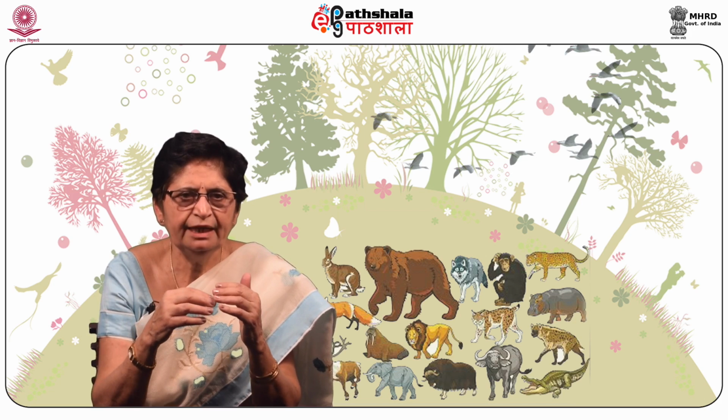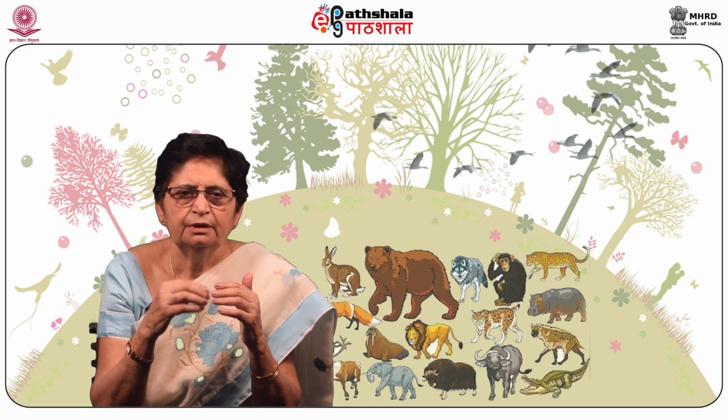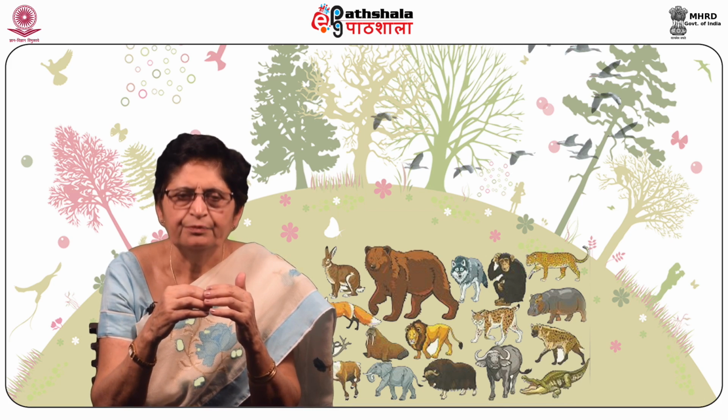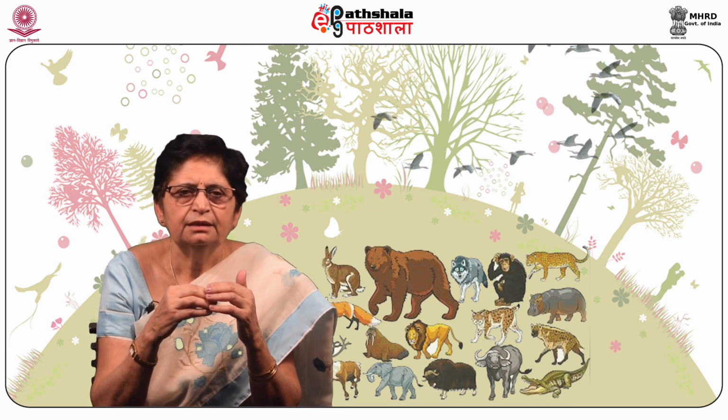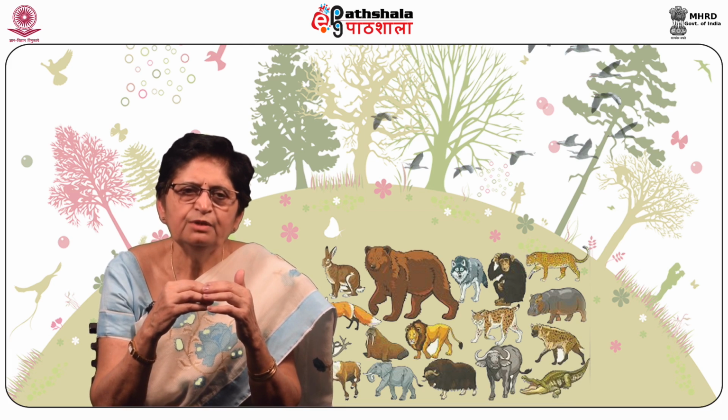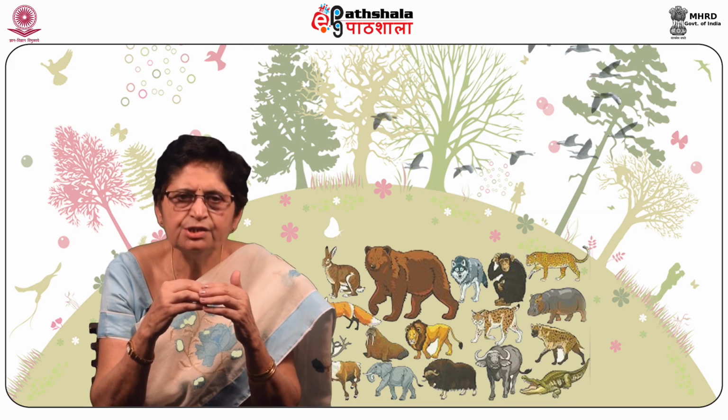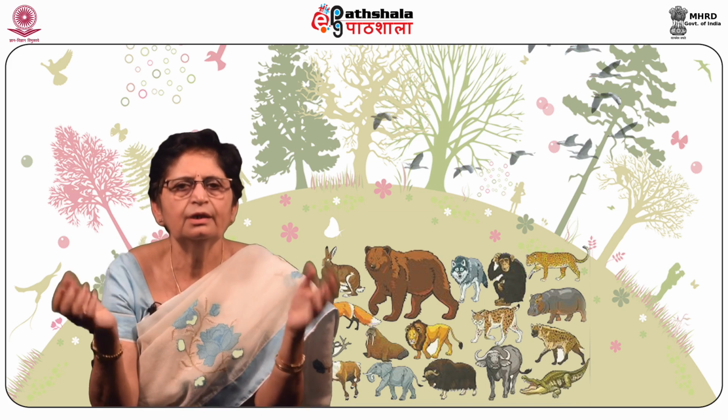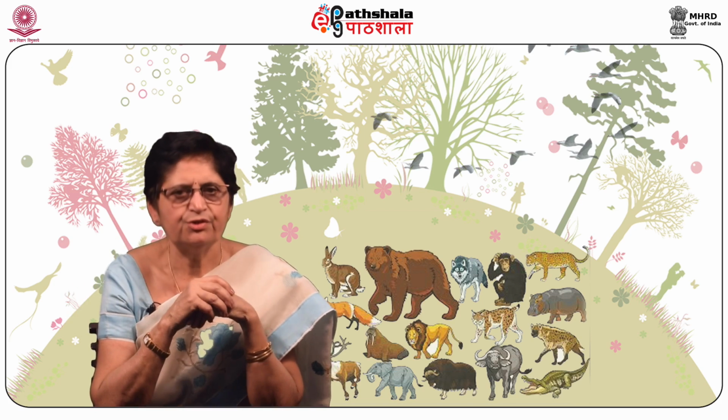This was explained by Hairston, Smith and Slobodkin, and the hypothesis was named by Lauri Oksanen as the ecosystem exploitation hypothesis, shortly called EEH.